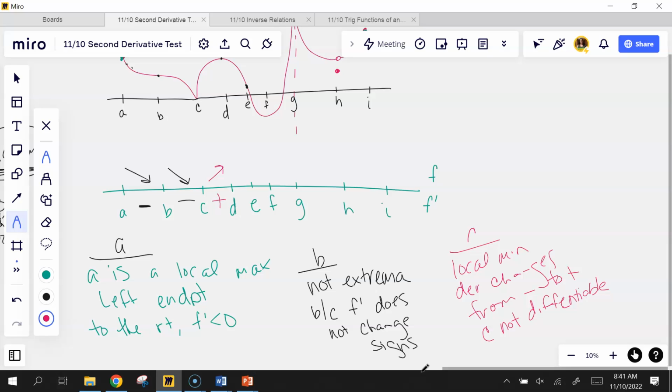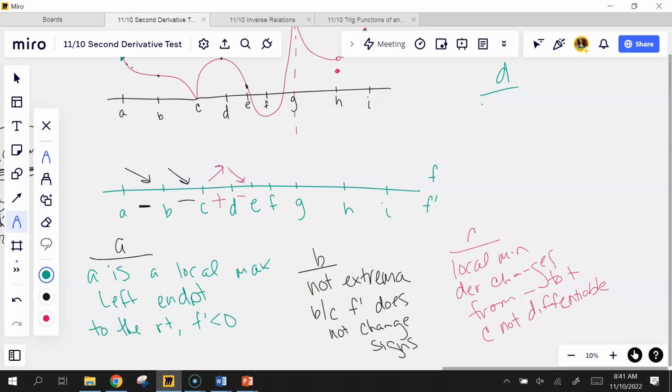All right. What about D? Hold on, I messed up somewhere, didn't I? Between C and D, yeah, that's right. Between D and E, positive or negative? Negative, because I'm decreasing. What happens at D?